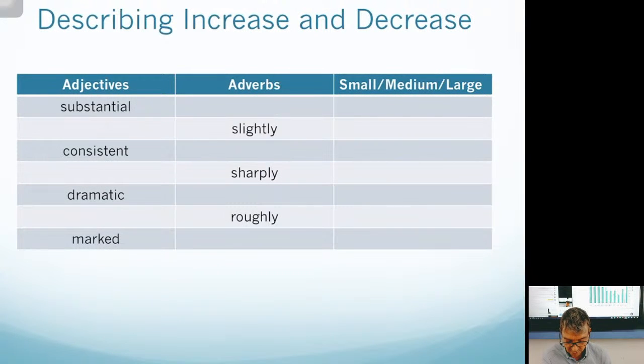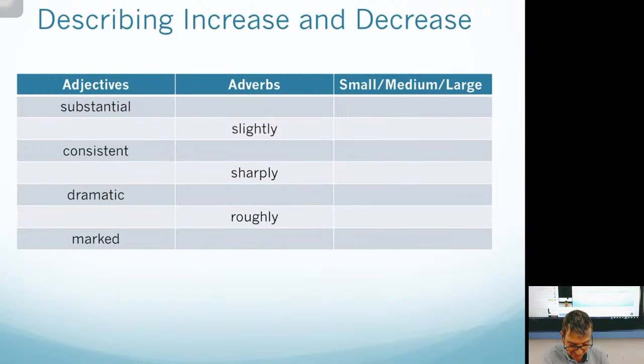Okay, so we are describing increase and decrease using verbs and adverbs, but let's have a closer look at the adjectives also, because we will look at another way of expressing the same thing, so that you don't have to repeat yourself. For example, it increases substantially, then it decreases steadily, then it increases.